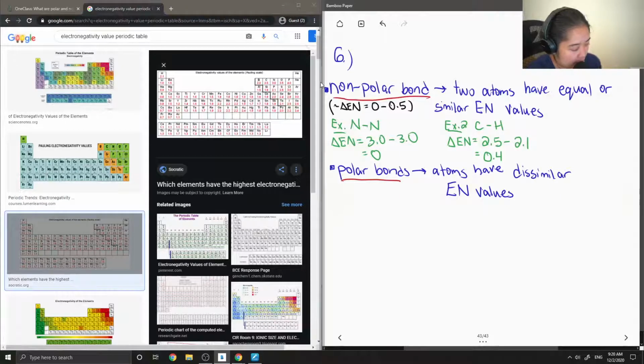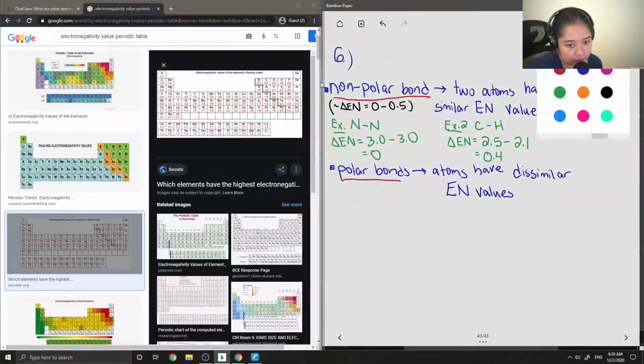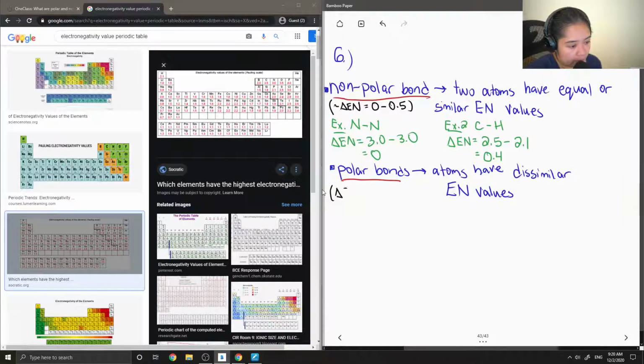Okay, so let's look at some examples for polar bonds. So when you have a polar bond, basically the difference in electronegativity is around 0.5 to 1.69.